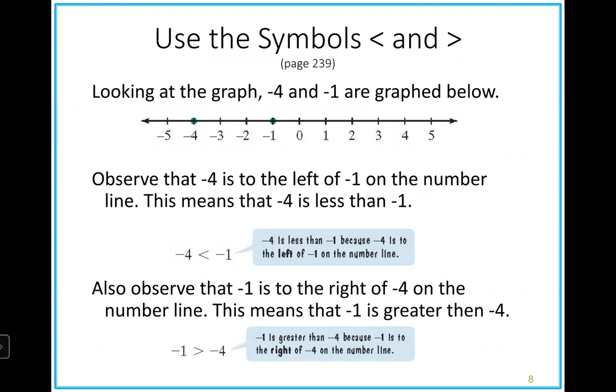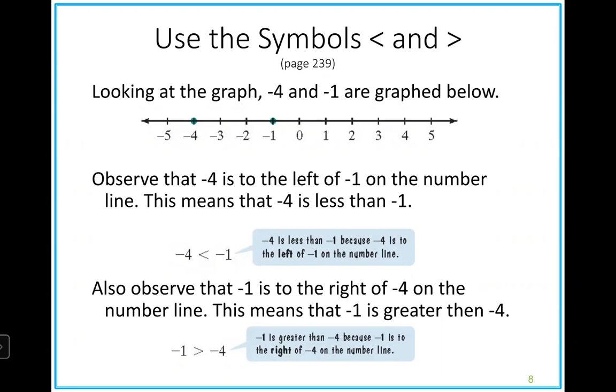So if you look at the graph below, you will see where they have identified -4 and -1 on the line. And it says, observe that -4 is to the left of -1 on the line. So as you move further left on the number line, the numbers are increasing or reducing?